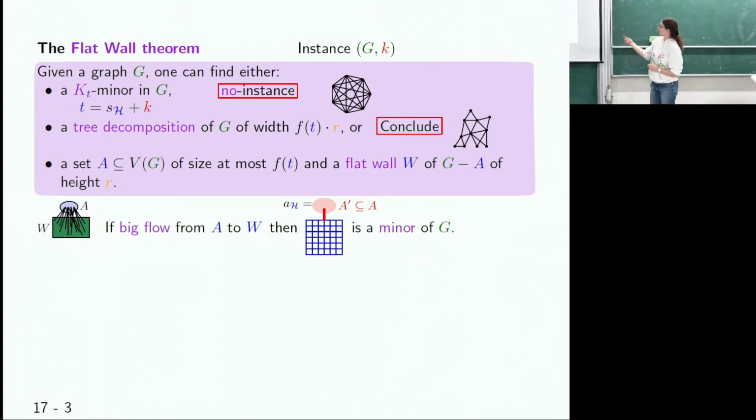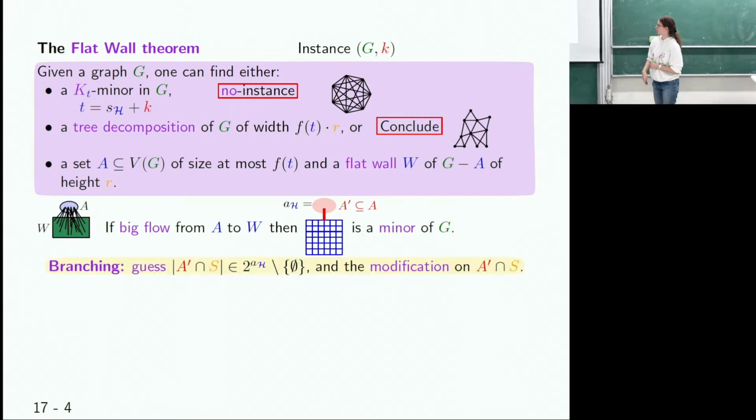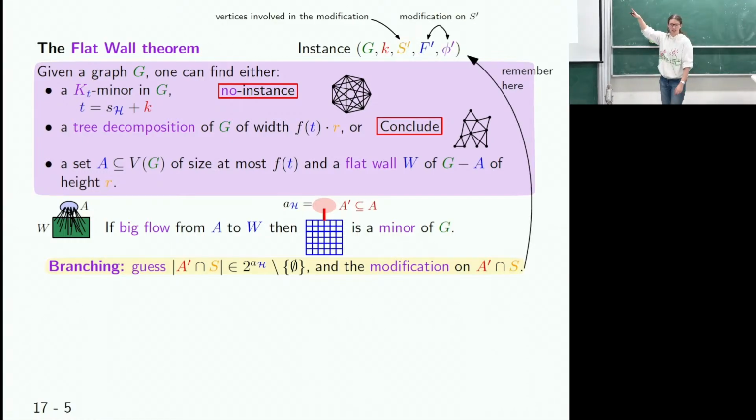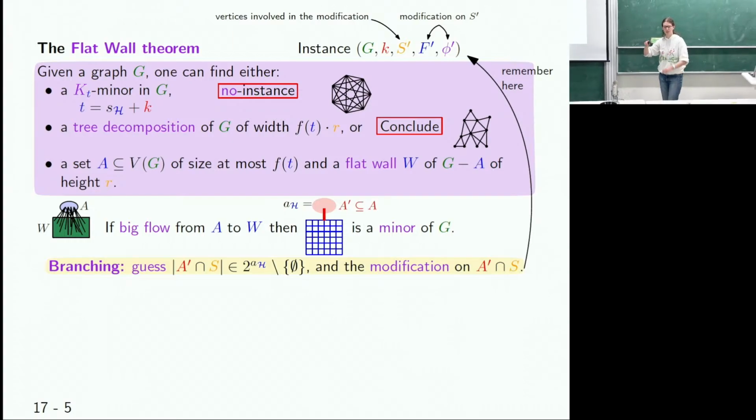you can just guess what is the modification that is done in this A prime. And we will branch on this case. So essentially, you guess the vertices involved in the modification and you guess the modifications that you do. And that's why in the input, actually, you don't have just G and k. You also need to remember some vertices that will be modified and what kind of modification we do on these vertices.